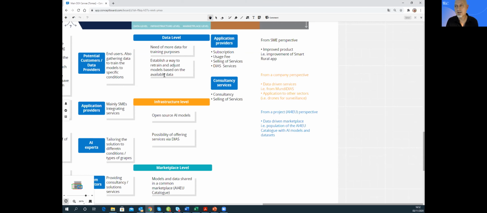So that's an input to understand that maybe these consultancy services or these other services could help to maintain these, based on the different data that comes into place and the changes that you have to make to the models.